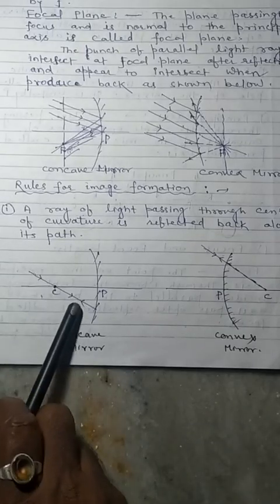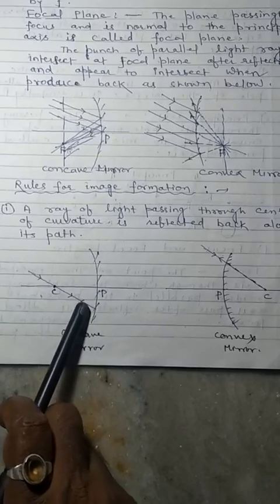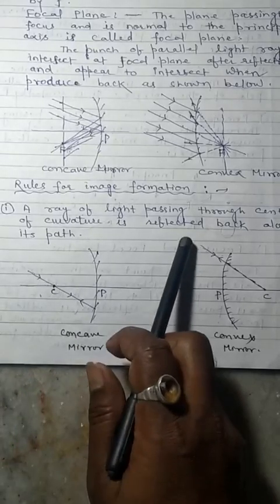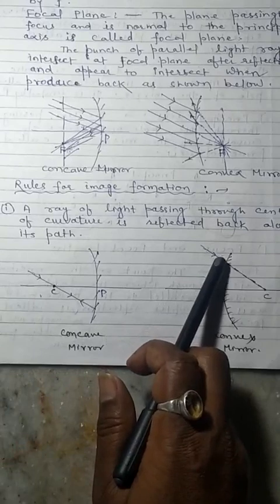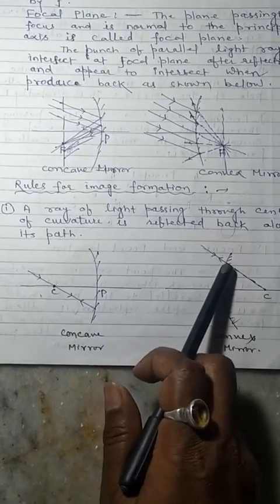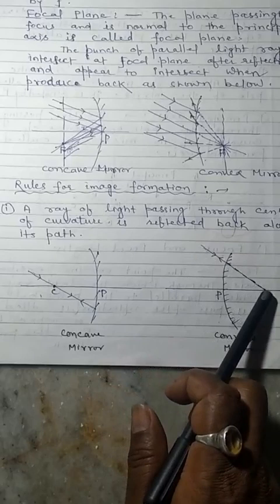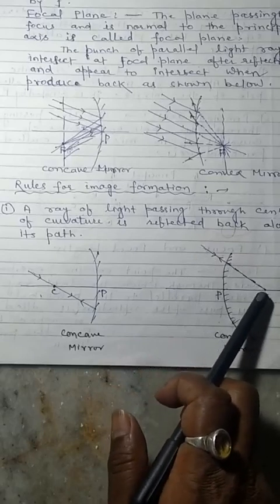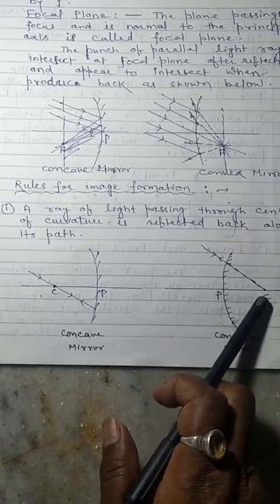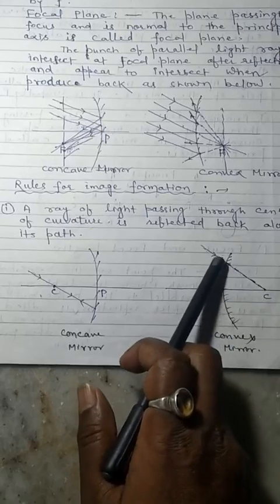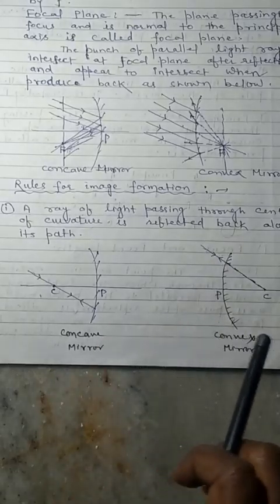So a ray of light passing through center of curvature is reflected back along its path. This ray is coming from, this ray appears to come through center of curvature, reflected back along its path.